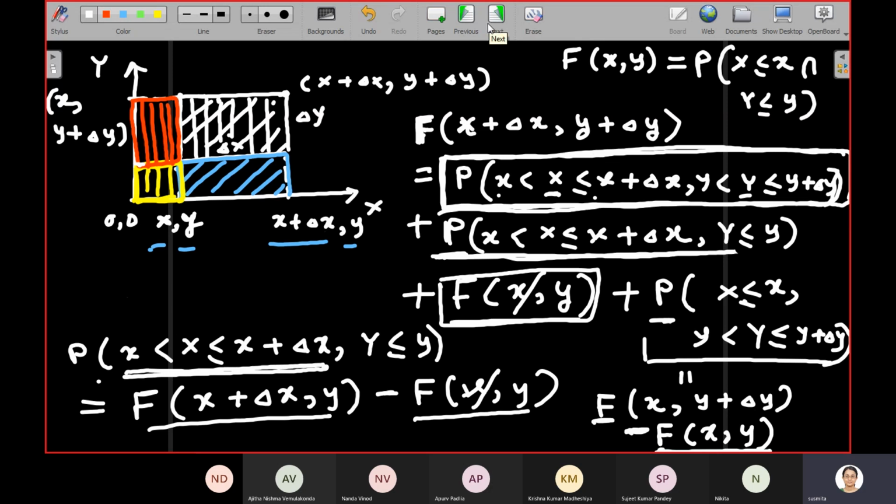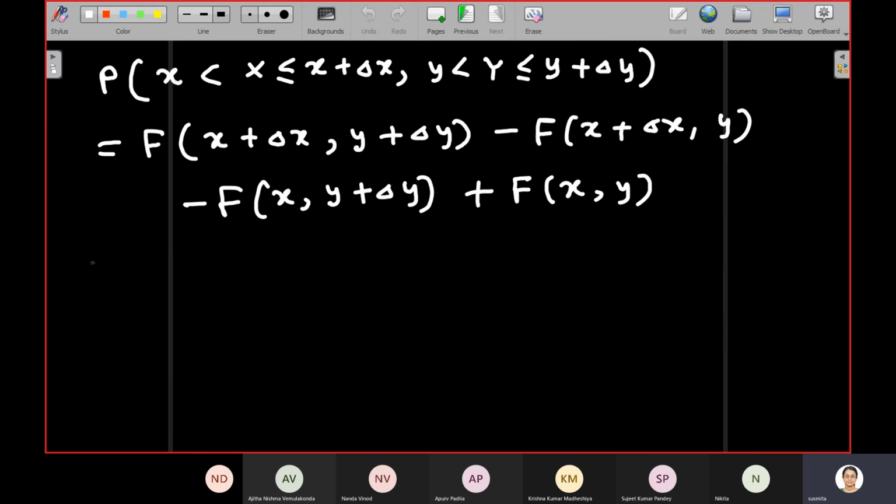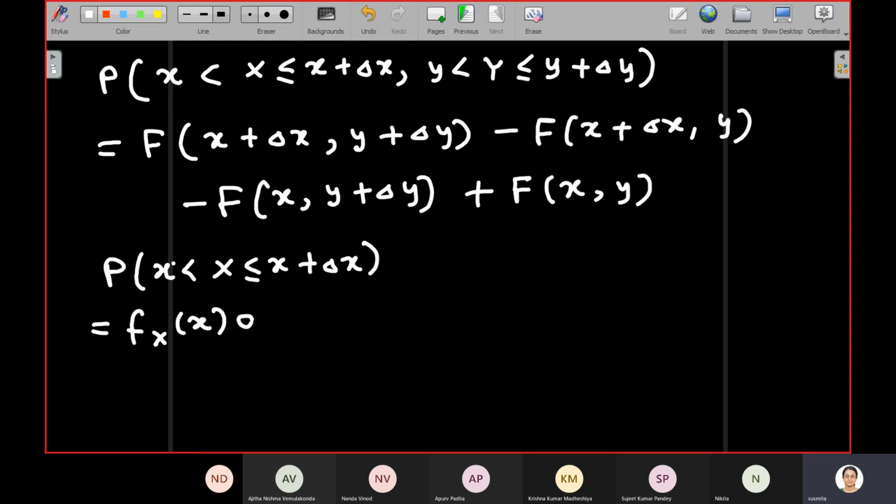Now when we consider a single dimension, we wrote that this is equal to f_X delta x, not dx, because we have used delta x on the left side, so we should write delta x, right? So this is what we wrote for the single dimension.